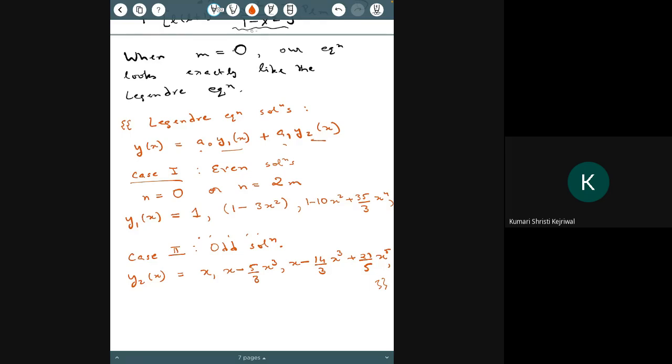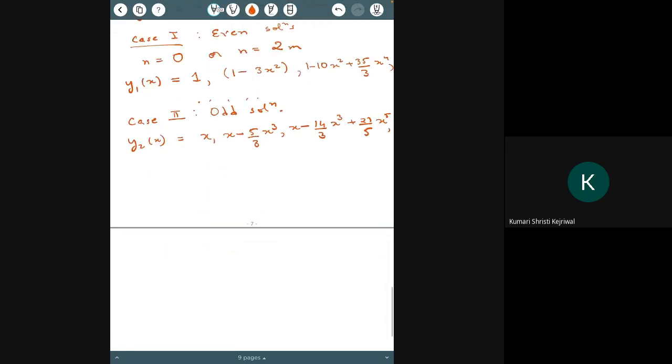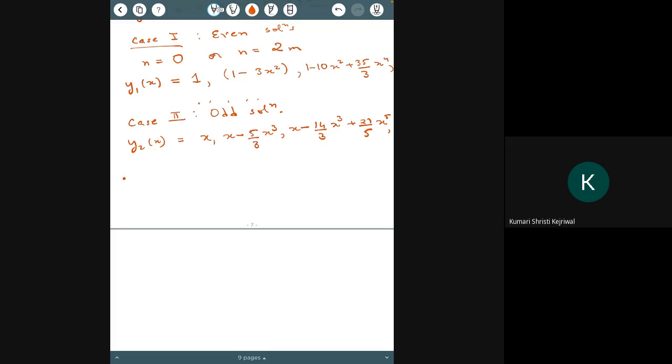Now the funny part of Legendre solutions is that their normalization is a bit funny. What the mathematicians wanted was that every function, if you put x equal to 1, the value of the polynomial should be 1.